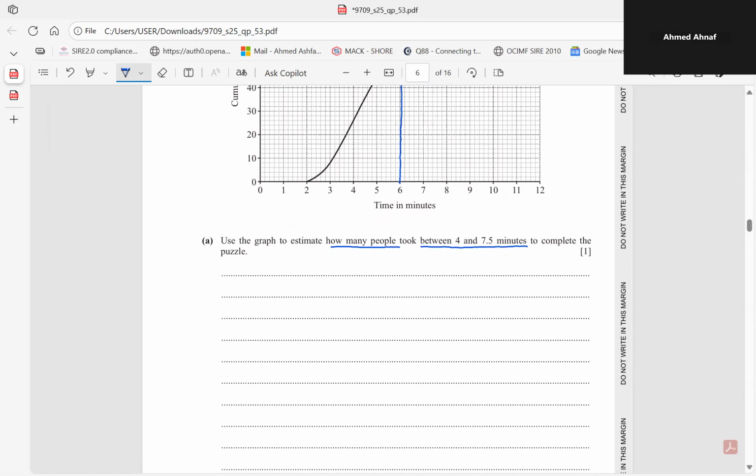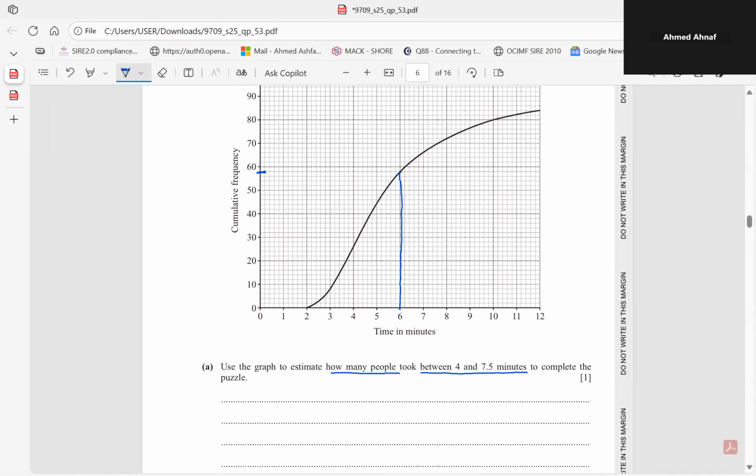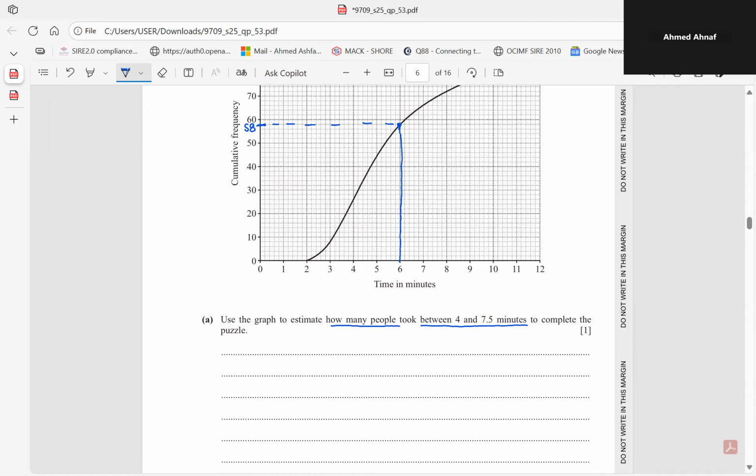Okay, so as I was saying, to read a cumulative frequency graph, you have to know that for, let's say, people who took 6 minutes, this point represents the people who completed the puzzle in 6 minutes or less. So here, this is 52, 54, 58 people completed the puzzle within 6 minutes or less.